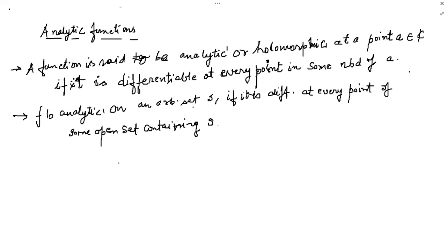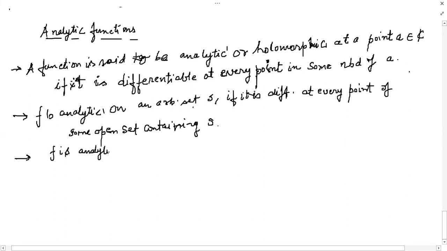Now, if I'm talking of a closed region, for example, if I say that f is analytic on a closed region, let's say mod z less than or equal to r, then it does not imply that it is analytic only here.